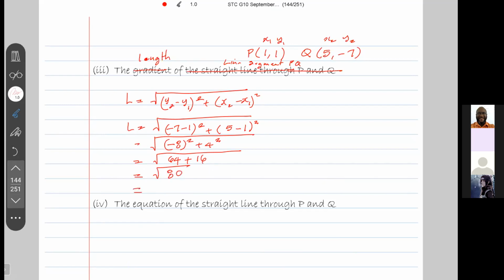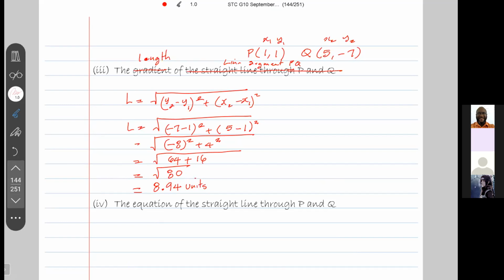Using my calculator, I have the square root of 80, and this is 8.94 units.